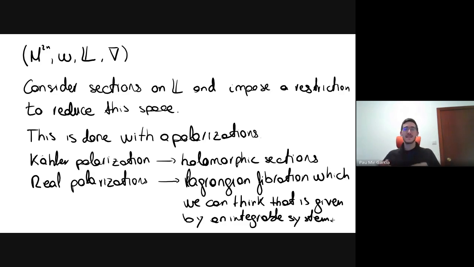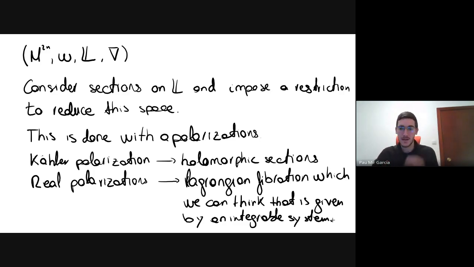What you have, in fact, is that. Remember that we are doing this to restrict to a smaller space of sections, and the sections we will consider are not all the sections on the line bundle, but only the sections which are tangent to the polarization we are taking. So if we take a polarization given by an integrable system, we will be taking sections which are tangent to the fibers of this integrable system, basically.